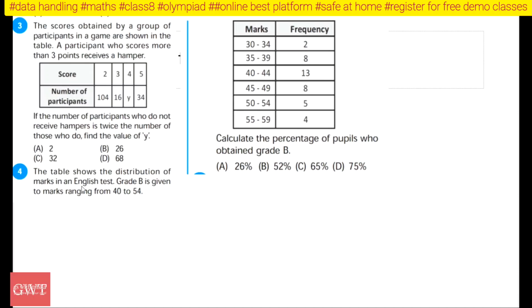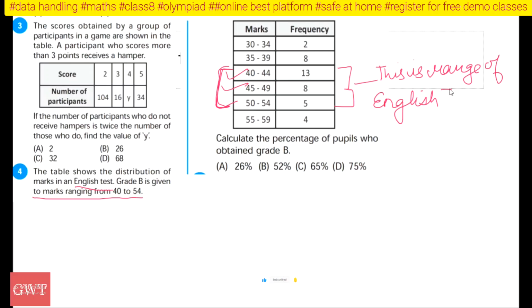They are saying that an English test is going on, and grade B is given to marks ranging from 40 to 54. So 13, 8 and 5, this is the range of what? English test grade B, right?